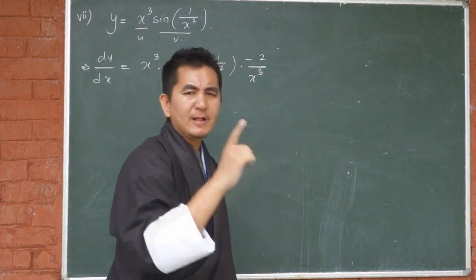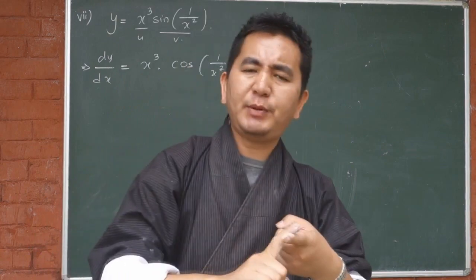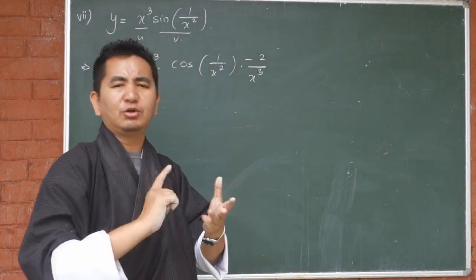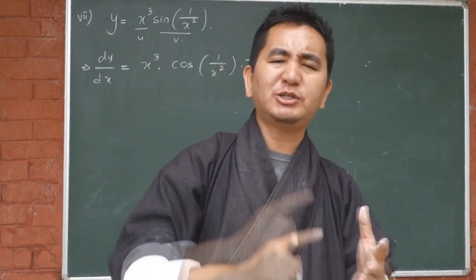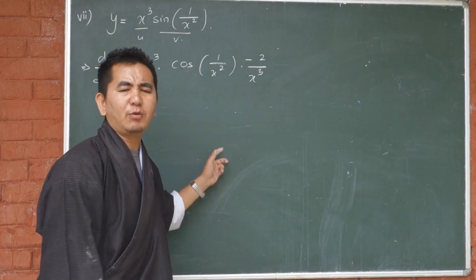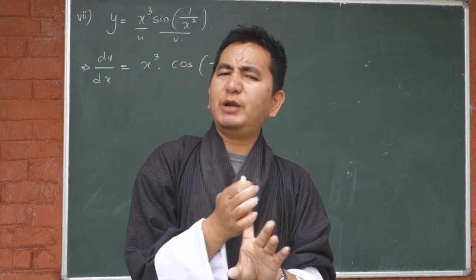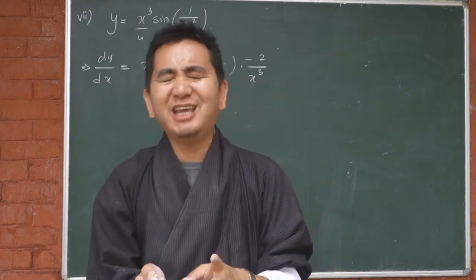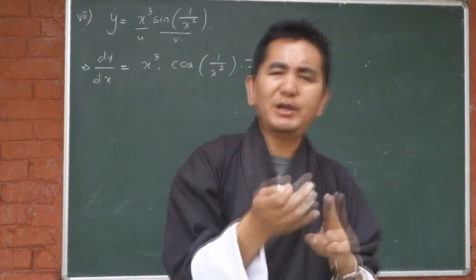Algebraic and algebraic. If you are not thorough with algebraic, you will face problems in trigonometric. If you are not thorough with trigonometric, you will face problems under logarithmic and exponential, and the problems go on increasing. Make sure you are thorough, because once you complete algebraic, trigonometric will be a mixture of algebraic as well as trigonometric.